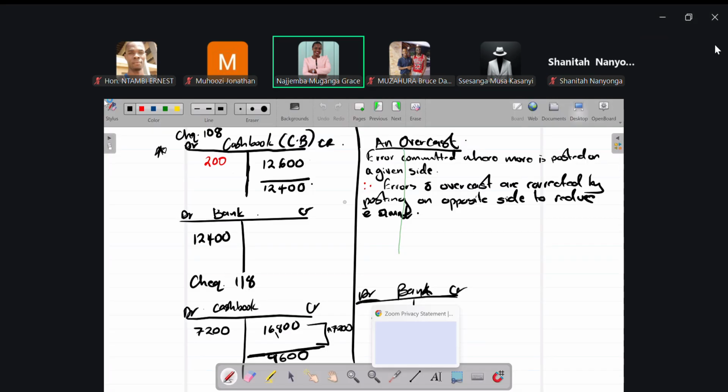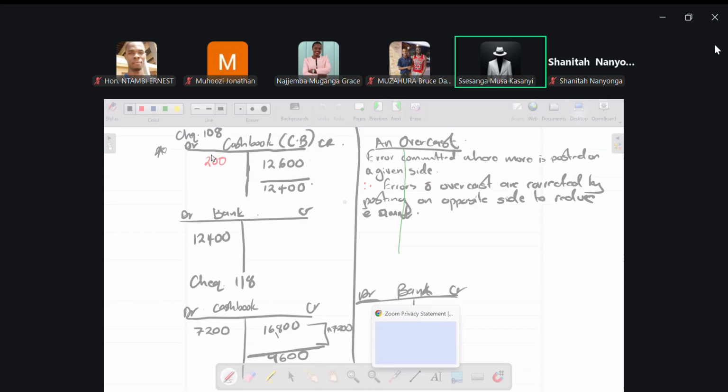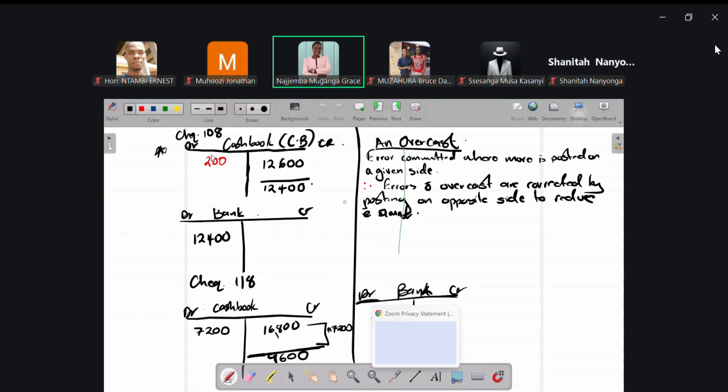So it's this one that we are looking at when we have posted it from. Because it's now this that was made in the bank. So we need to compare with the cash book.